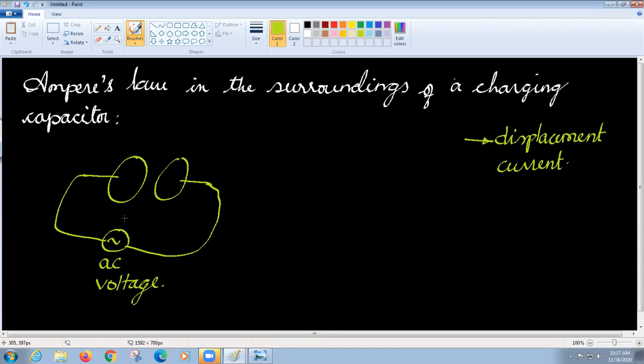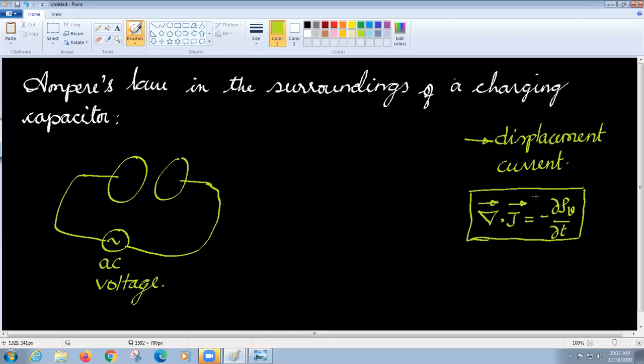Anyways, the birth of KCL is not in circuit theory. The birth of KCL is with this continuity equation, that is divergence of J is minus dou rho V over dou t. This is the equation behind conservation of charge at a node. That means no charge has to accumulate at a node. Charge has to free itself.